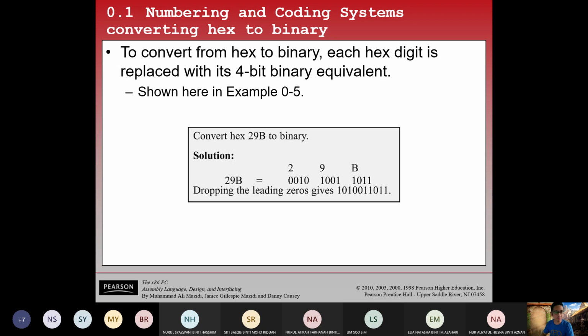to binary. Hex to binary is actually pretty simple. You just need to remember that each 4 bits of that binary number only consists of 0 to 15, meaning that it is 16 values. If you look here, 2 is actually 0010.